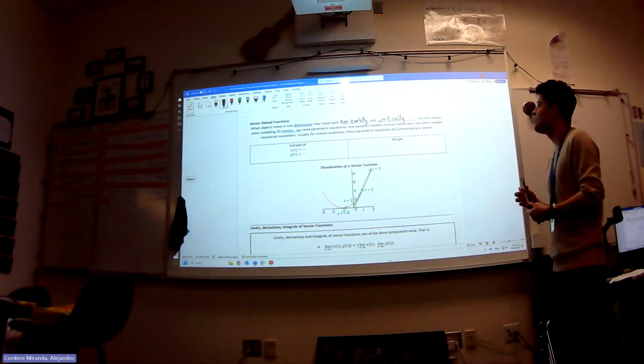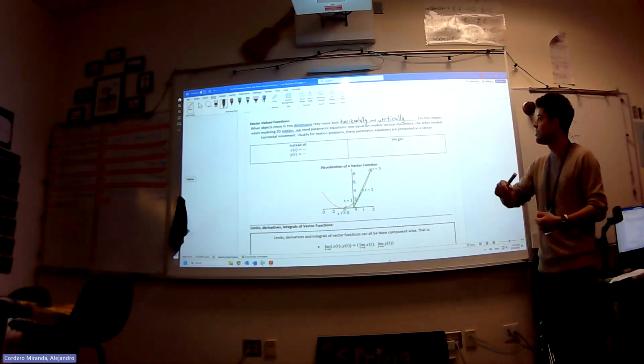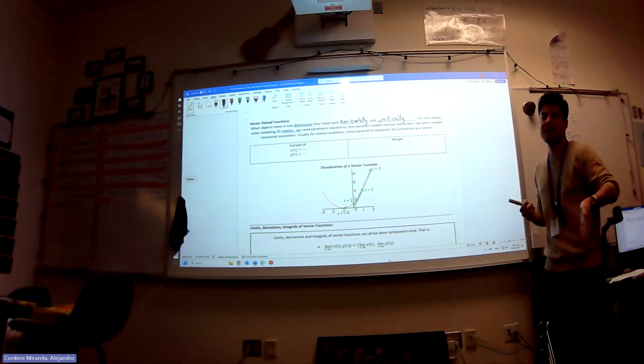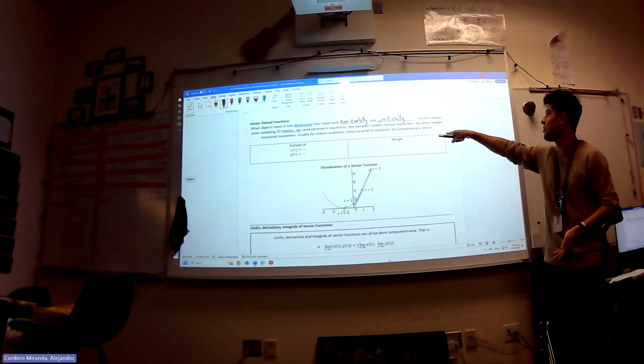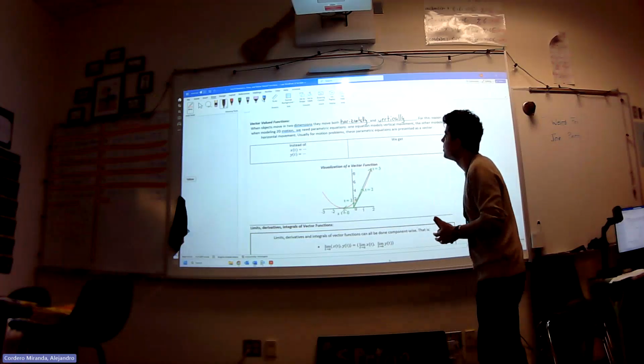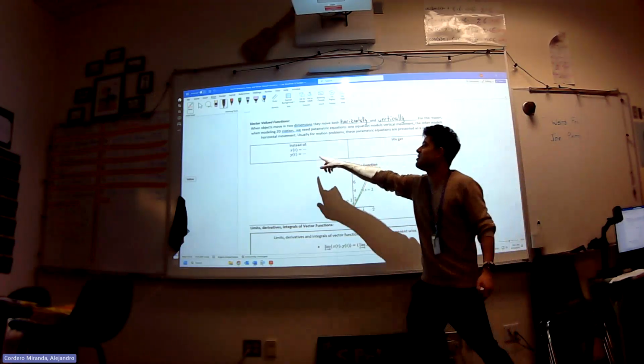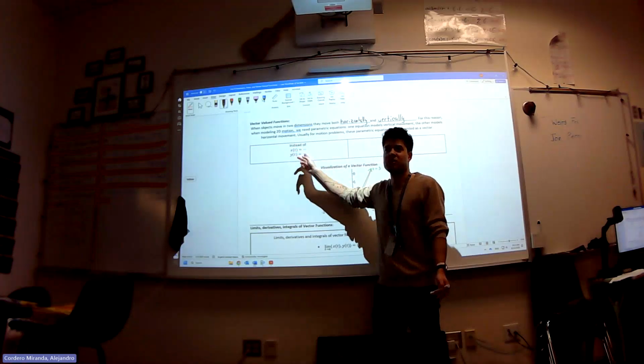For this reason, when modeling 2D motion, we need parametric equations. One equation models the vertical movement, that would be the y equation, and the other models the horizontal, that would be the x equation. And usually for motion problems, these parametric equations are presented as a vector. You saw these in 9.1 and 9.2.